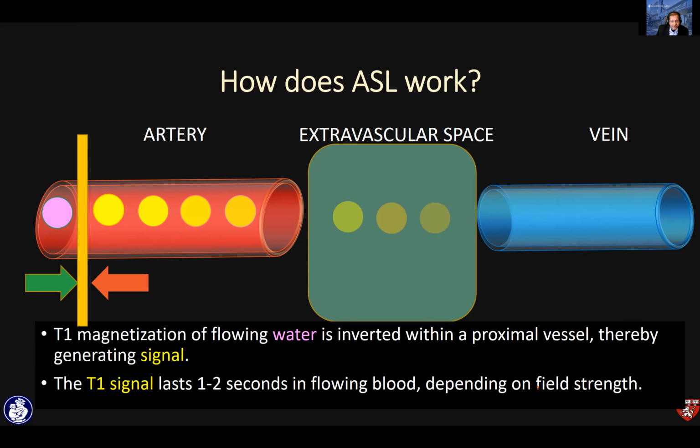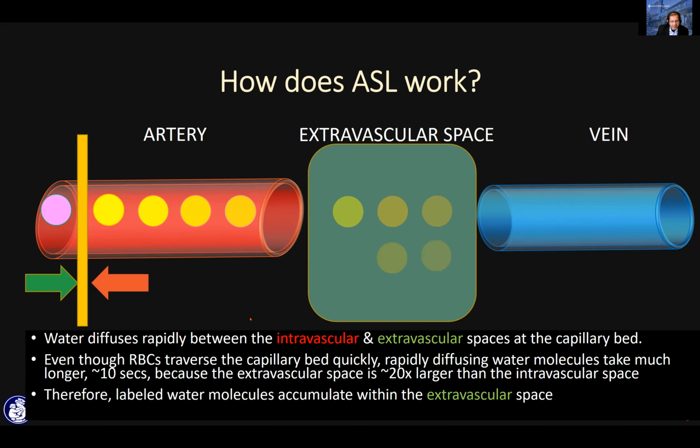So in that 1 to 2 seconds, the blood now diffuses between the intravascular and the extravascular spaces of the capillary bed. The rapidly diffusing water molecules take longer because the extravascular space is much larger than the intravascular space, and the labeled water molecules with the T1 magnetization accumulate within the extravascular space.